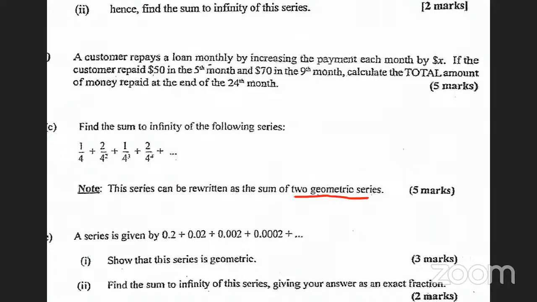So what you have to do is write it something like this: 1/4 plus 1 on this, right? That's the first one. And then you're adding it to 2 over 16 squared. So basically you work it out here. This is one sum to infinity. This here is the next sum to infinity. So you work out one and work out the next one, then add it up.